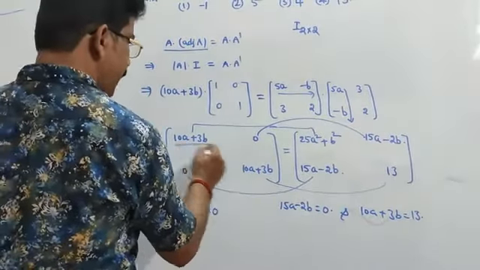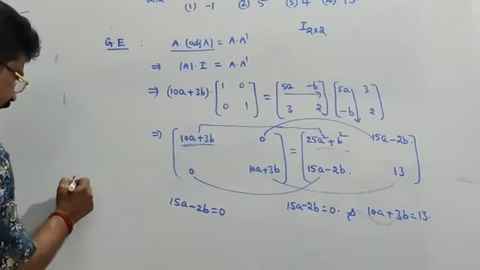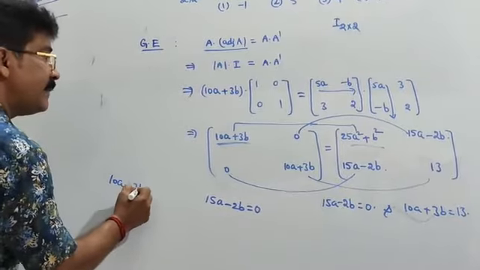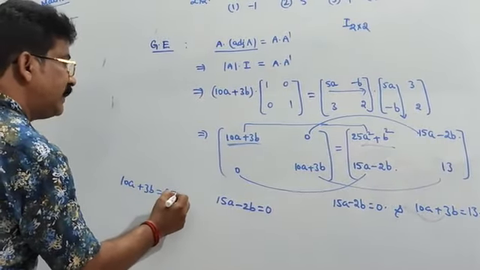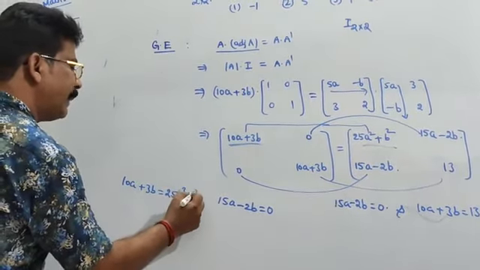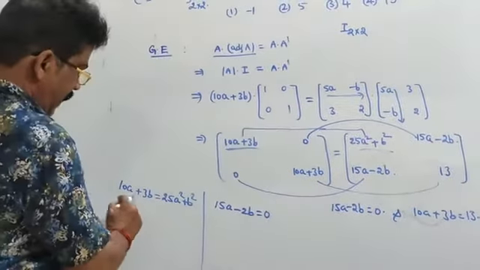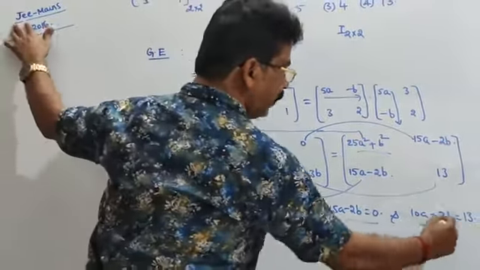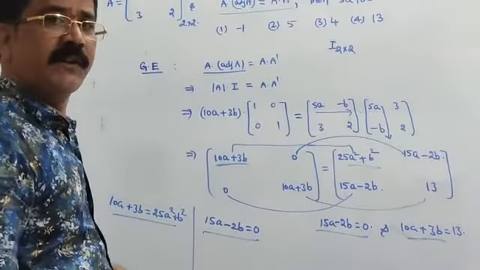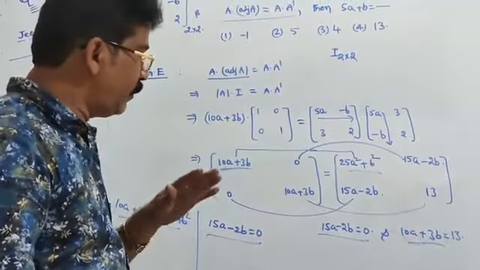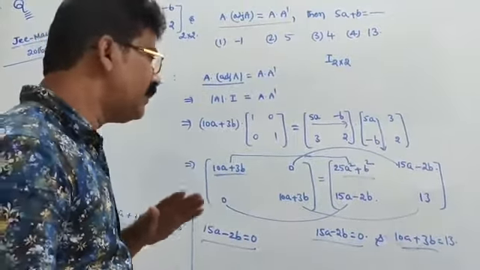Already here we have 10A plus 3B equal to 25A square plus B square. So equations 1, 2, 3, 4. By using these 4 equations, we have to find the values of A comma B.